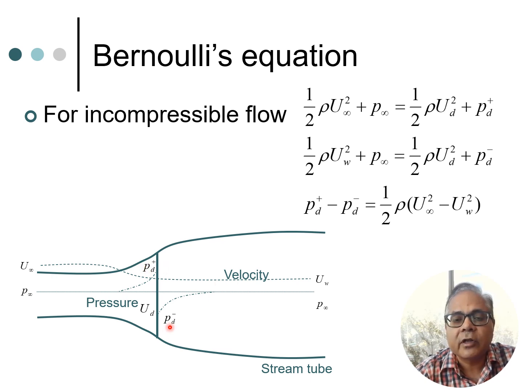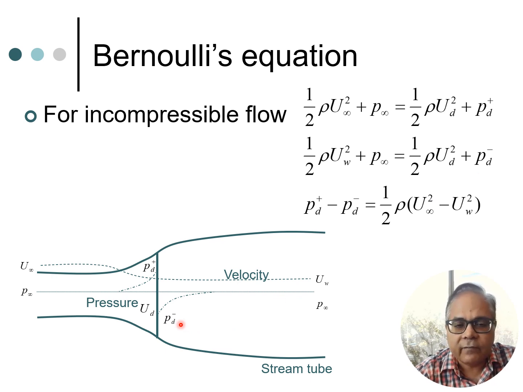The second Bernoulli equation we write between the point just behind the rotor disc and far downstream. This comes out to be half rho uw square plus p infinity, that's the velocity and pressure far downstream, and then the term half rho ud square plus pd minus, that's at the rotor disc.